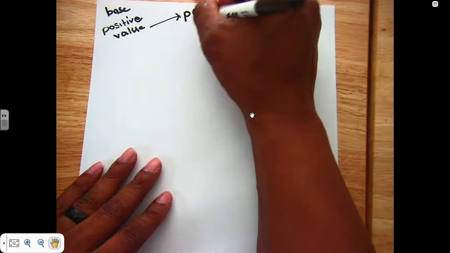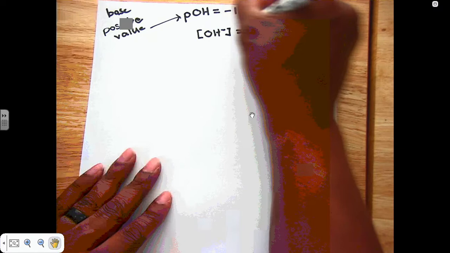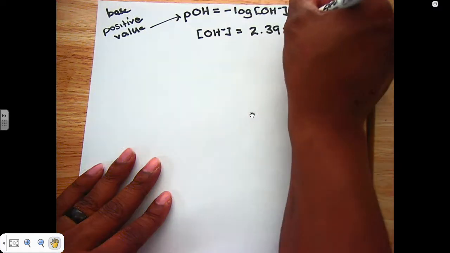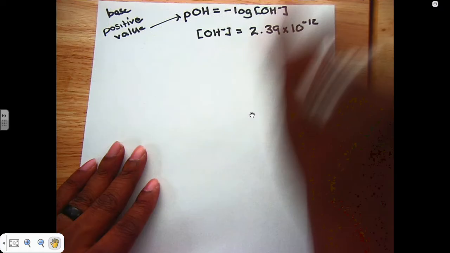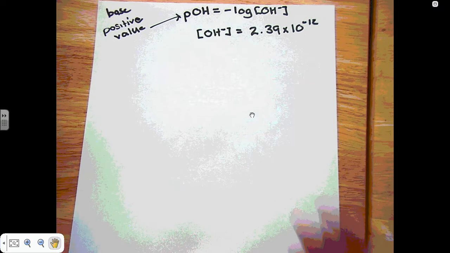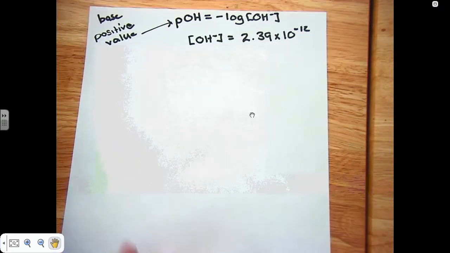I'm going to give us an OH concentration, and I'm going to set that OH concentration equal to 2.39 times 10 to the negative, let's do negative 12. And I'm just arbitrarily making up numbers. This is not like some number that you're supposed to know or something like that. I'm just pulling arbitrary, random numbers to solve these problems.